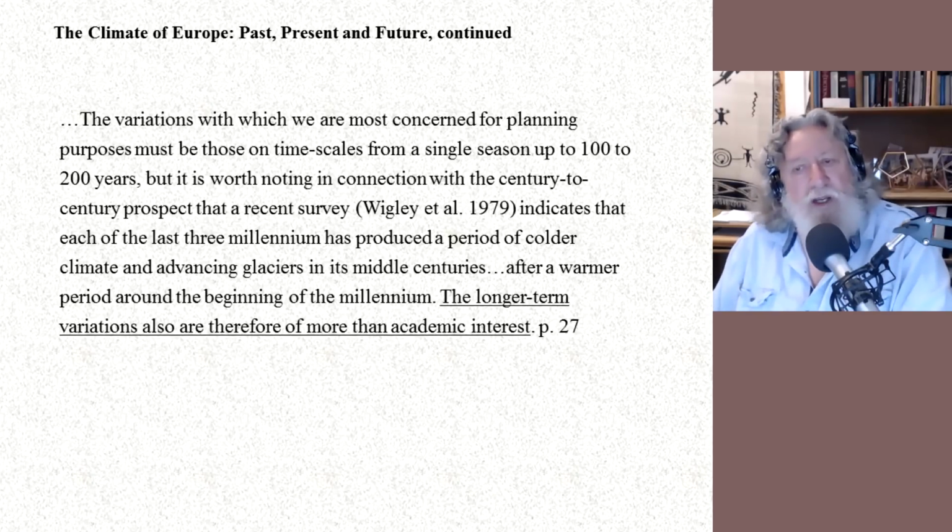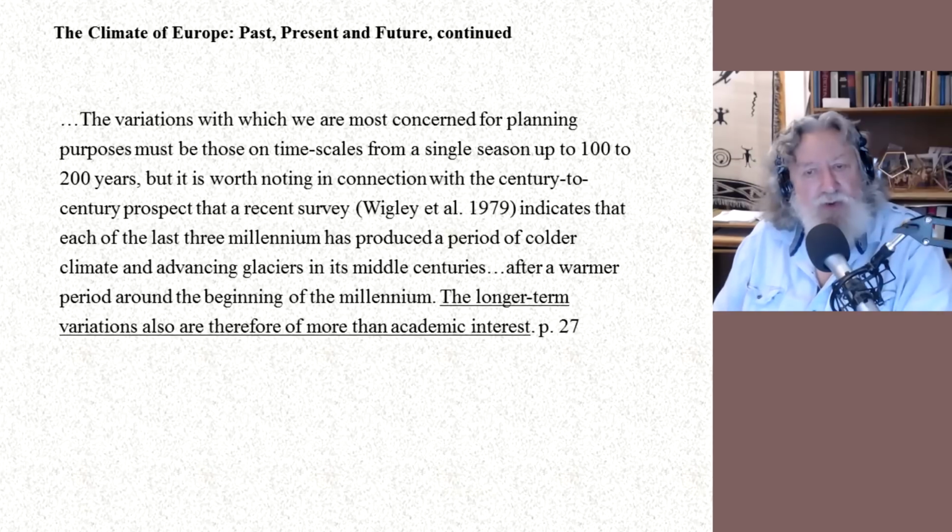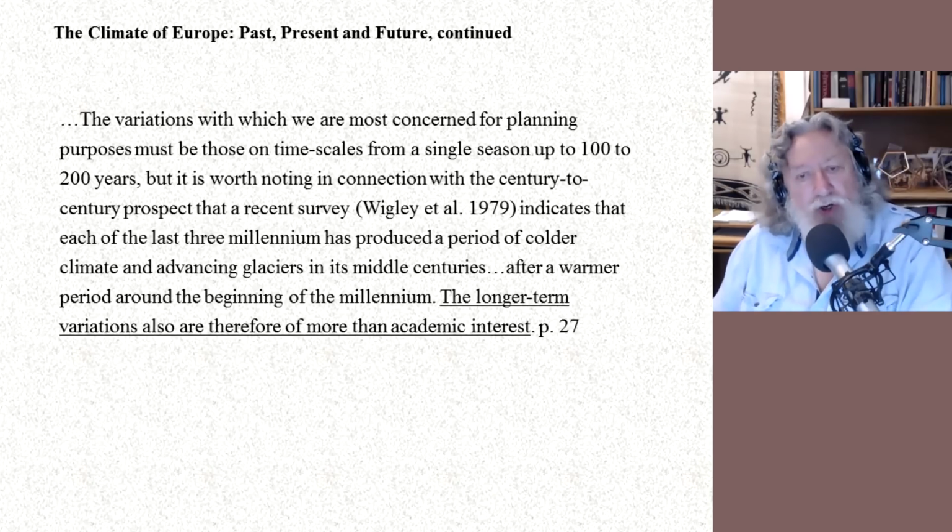But it is worth noting in connection with the century-to-century prospect that a recent survey indicates that each of the last 3 millennia has produced a period of colder climate and advancing glaciers in its middle centuries after a warmer period around the beginning of the millennium. The longer-term variations also are therefore of more than academic interest.